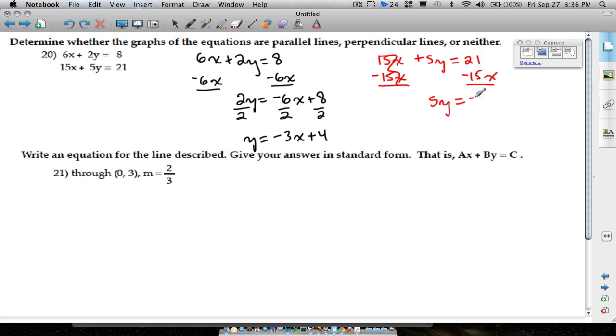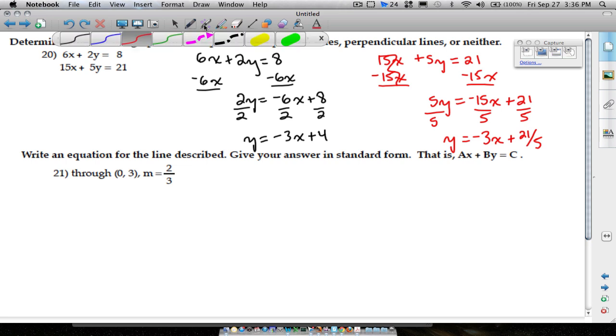We cannot combine these, but we can say negative 15x plus 21. Divide everything you see by 5. And therefore we have y equals, negative 15 divided by 5 is negative 3x, and 21 divided by 5, you can leave it as a fraction, or you can convert it to a decimal. We don't have to graph this line, so it doesn't really matter to me.